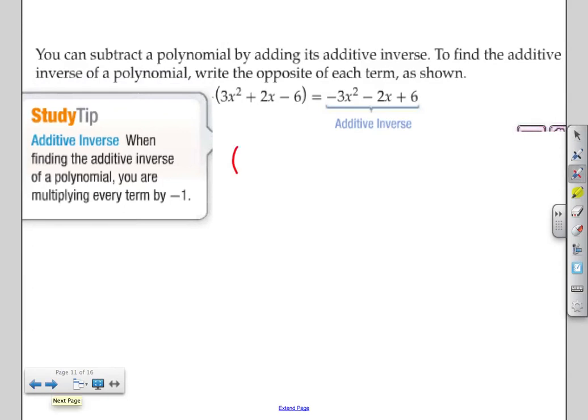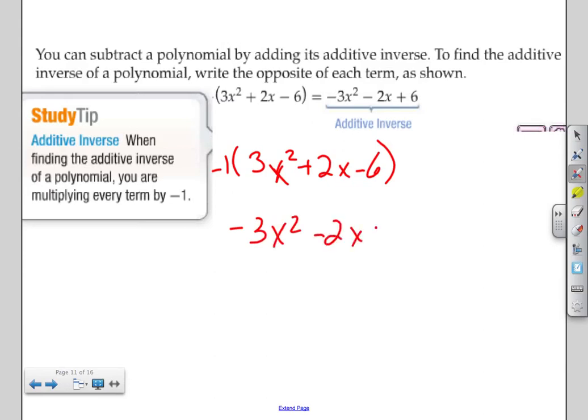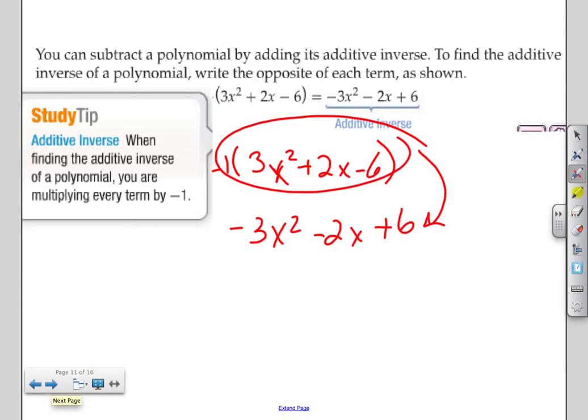So here we have 3x squared plus 2x minus 6. The additive inverse for that is multiplying everything by negative 1, right? And you get negative 3x squared minus 2x plus 6. Okay, so that's the additive inverse of our original expression.